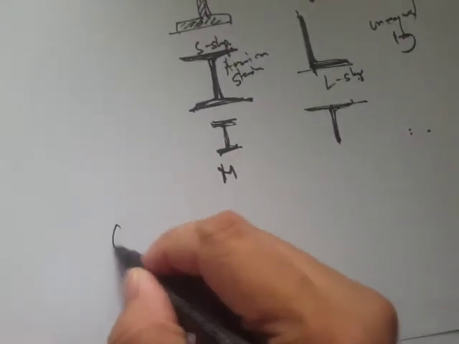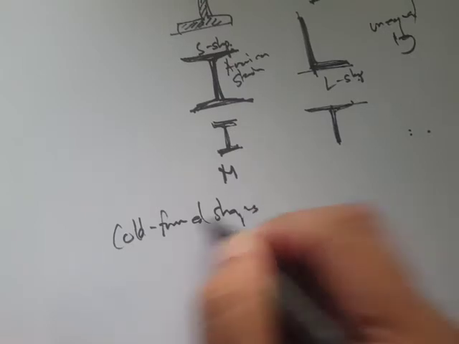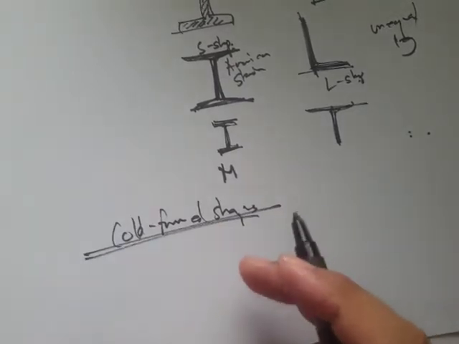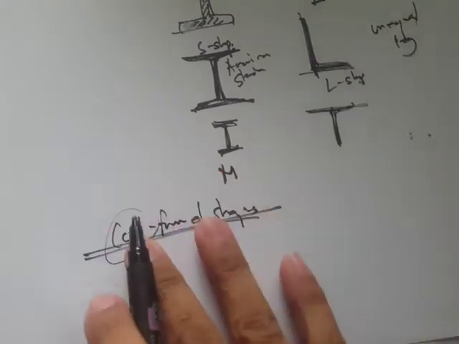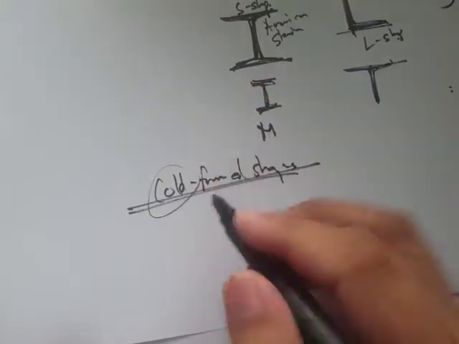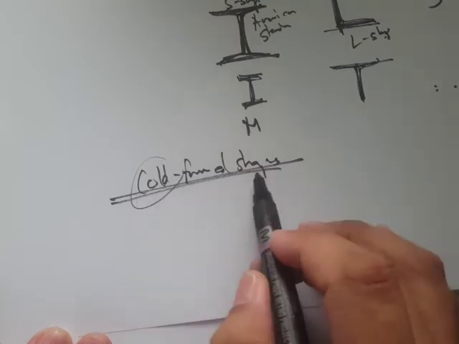And for our cold formed, when we say cold form, it doesn't mean that the temperature is freezing point, but rather it's compared to the elevated temperature of hot rolling. This can be done under ambient conditions, meaning they're formed under ambient conditions.